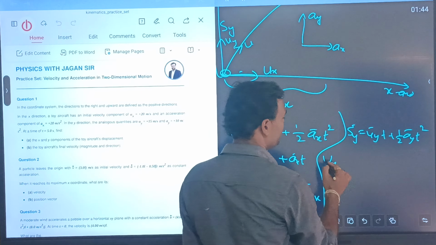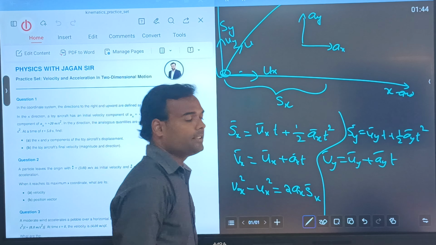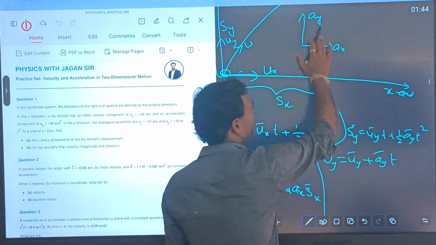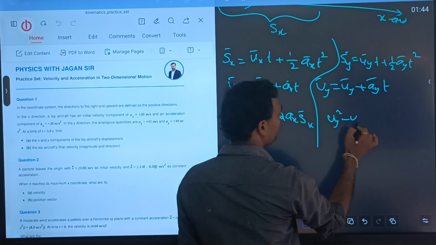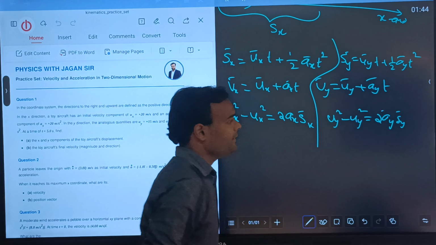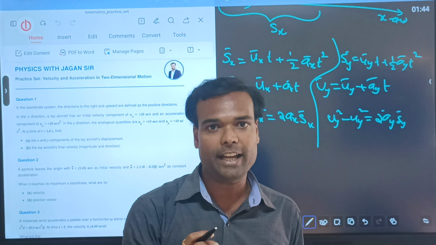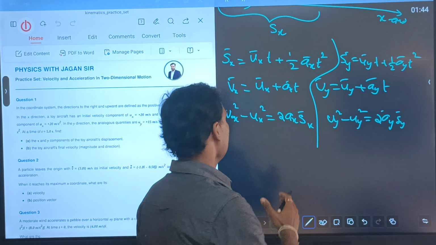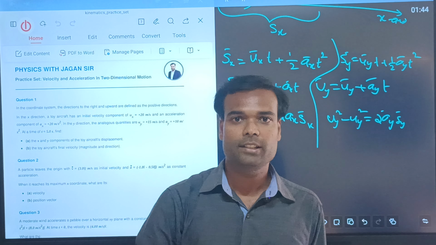Similarly, vy = uy + ayt. Similarly, vy² - uy² = 2ay sy. These are the methods of finding displacement or velocity values on the x-axis or y-axis simultaneously, right?